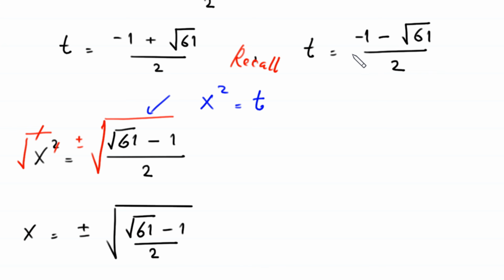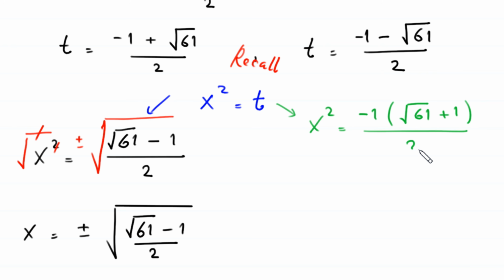Now when t is equal to negative 1 minus root 61 over 2, then x squared is equal to negative 1 minus root 61 over 2, which can be written with negative 1 as a common factor, in bracket root 61 plus 1, divided by 2. From here we take the square root of both sides.